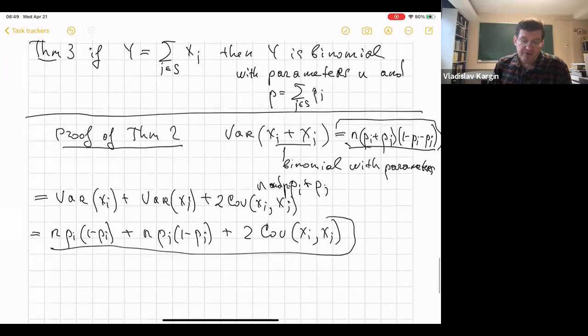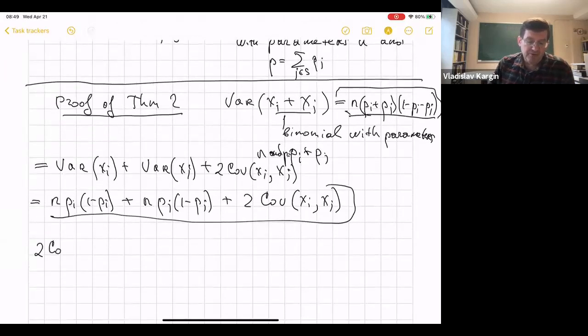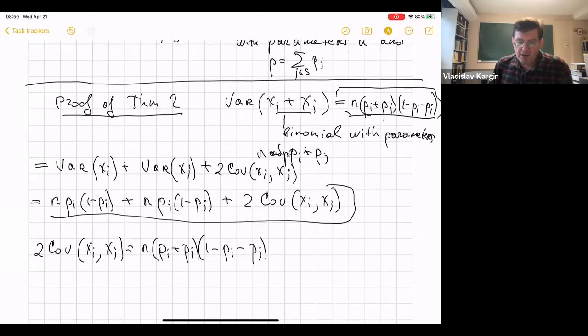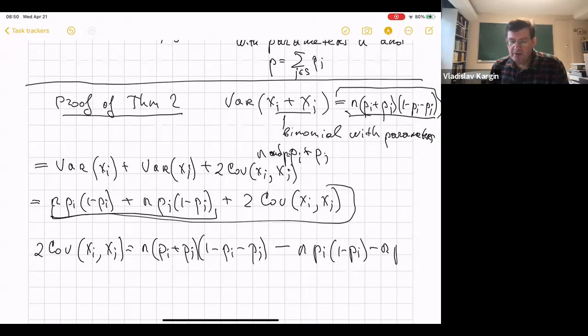So we can say that 2 covariance of xi, xj is just equal to n (pi plus pj)(1 minus pi minus pj), minus n pi (1 minus pi), minus n pj (1 minus pj).